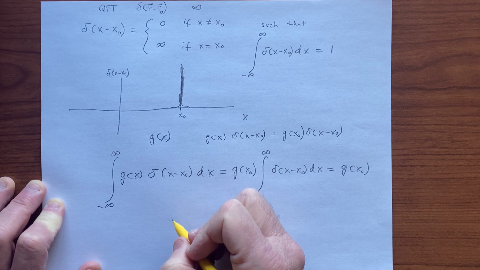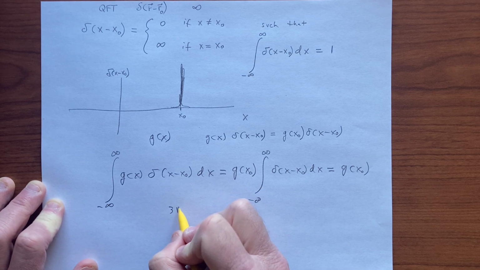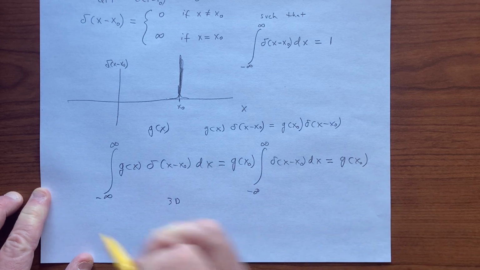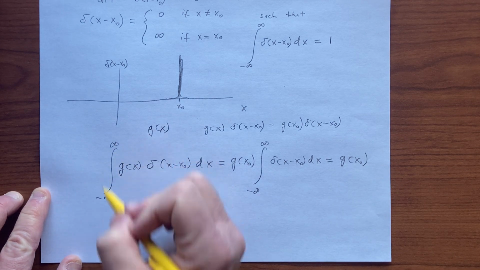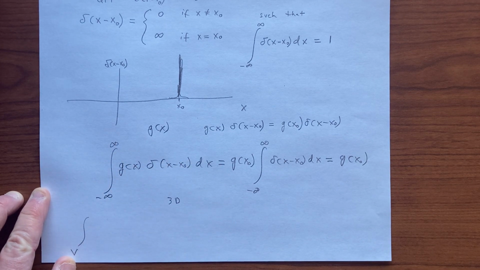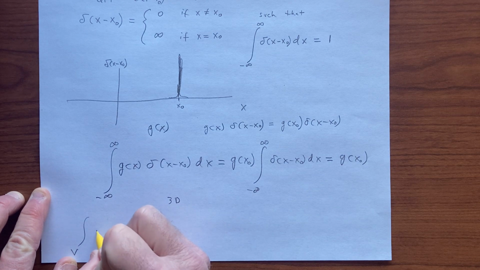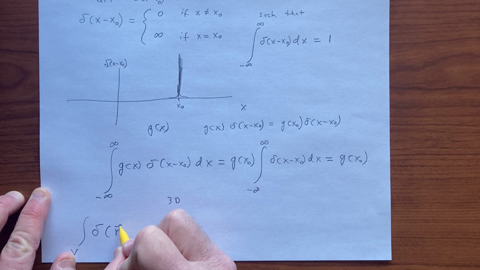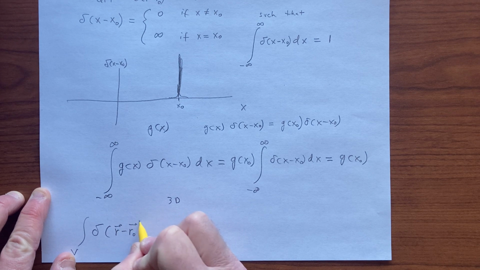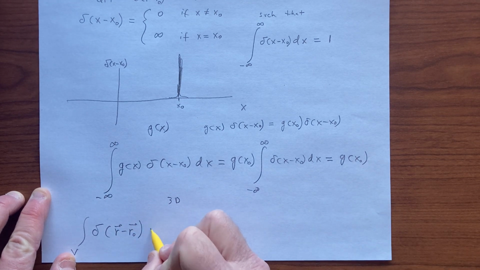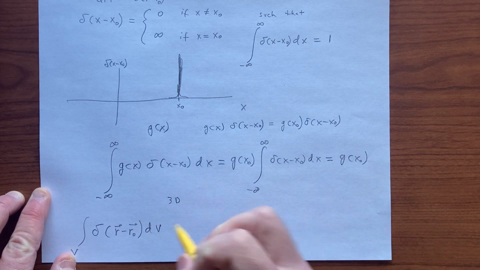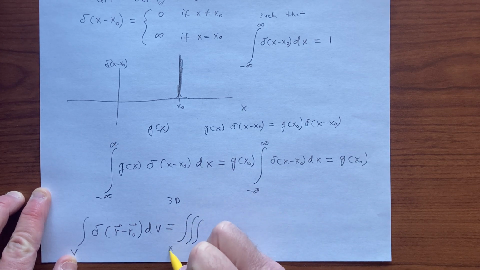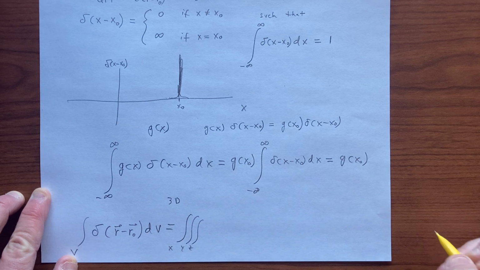And so maybe we can look at this in 3D. In 3D, we're integrating over the entire volume. And so we have a function that looks maybe like delta of r minus r naught over volume. And if we think of x, y, and z coordinates, then we're doing x, y, and z separate integrals.